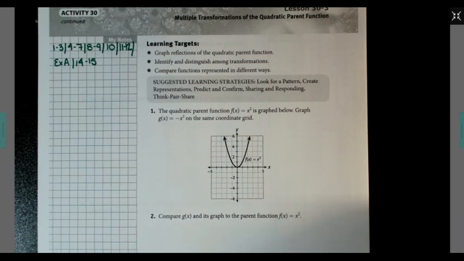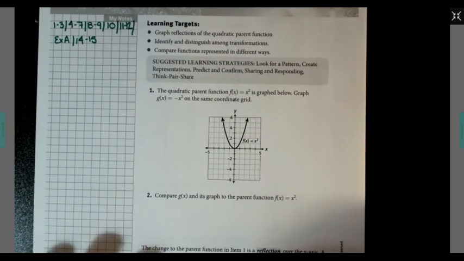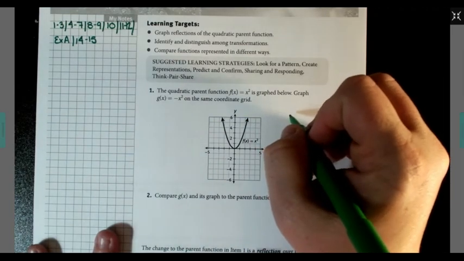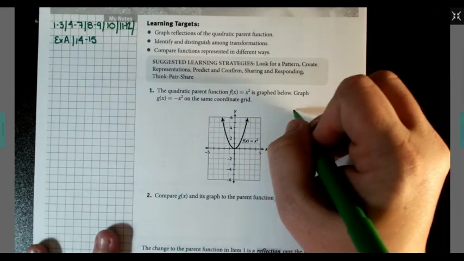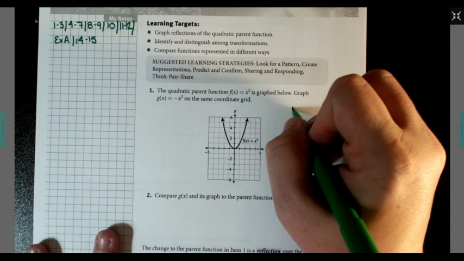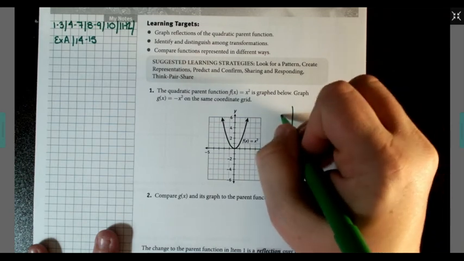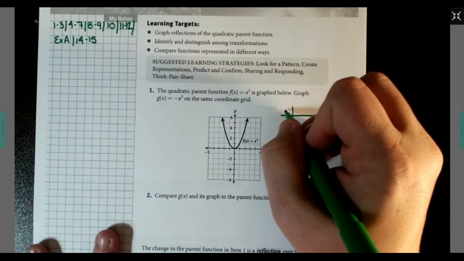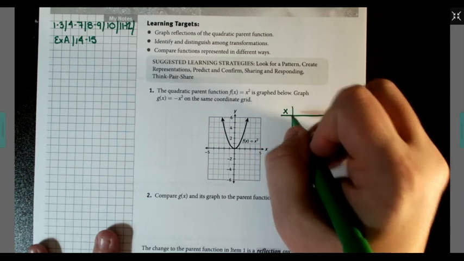It states, the quadratic parent function f of x equals x squared is graphed below. Graph g of x equals negative x squared on the same coordinate grid. So let's just take a look at a couple of x's here.